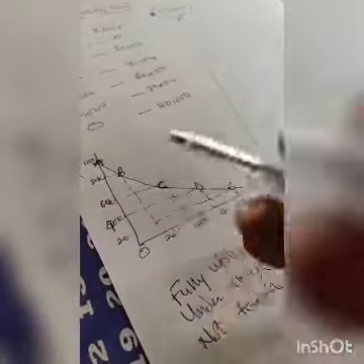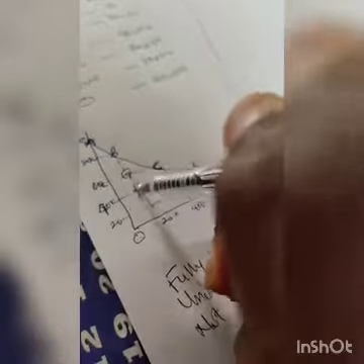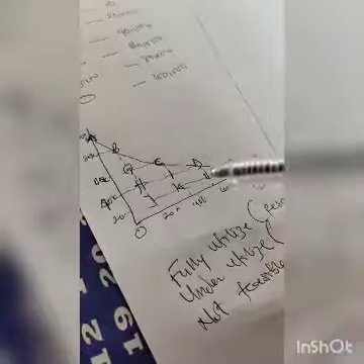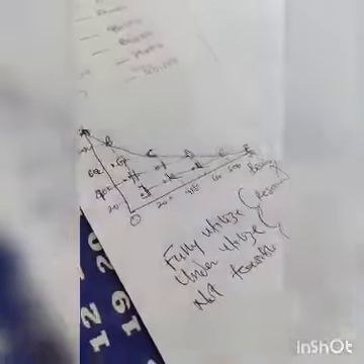Now, any point inside this curve, let me call this E, this F, let me call this one G, H, I, J, K, L. All these points are not up to 100.